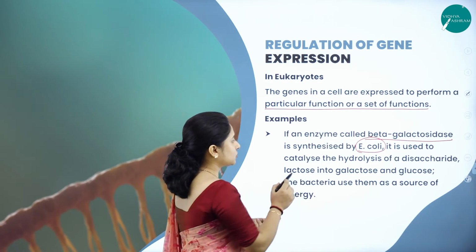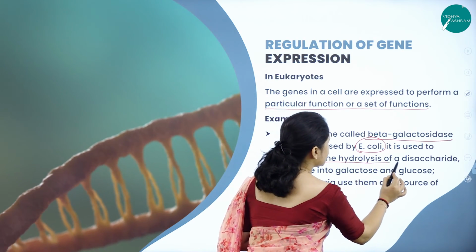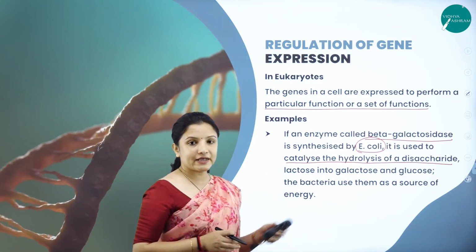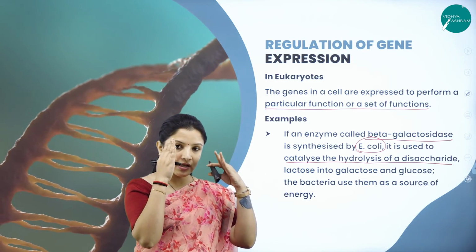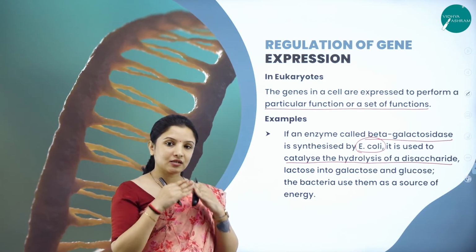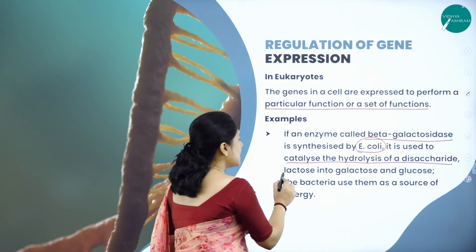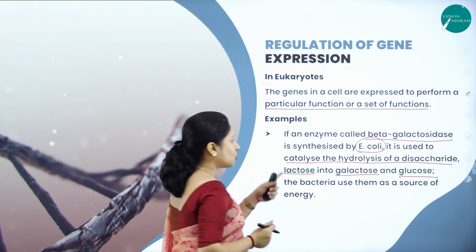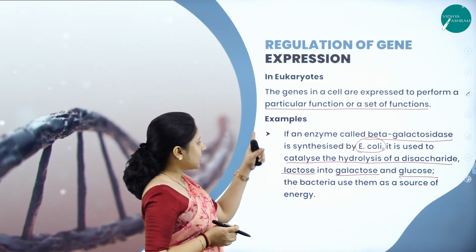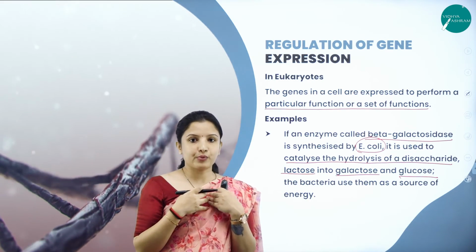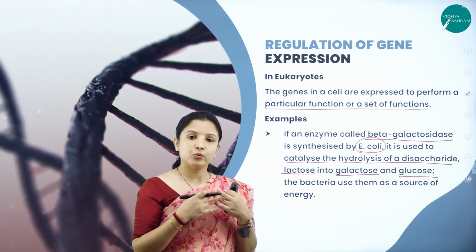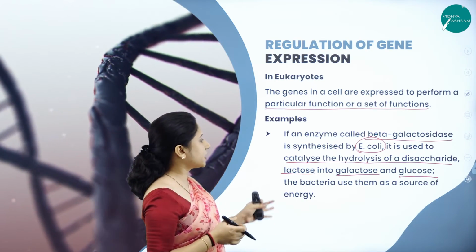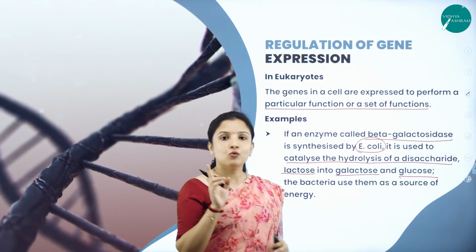Its function is to catalyze or increase the rate of hydrolysis of a disaccharide molecule. What disaccharide molecule? It will increase the rate of hydrolysis of lactose into galactose and glucose. So what did we understand now? If in our body we have taken lactose, right, that lactose, if it has to get converted into galactose and glucose, what is needed?